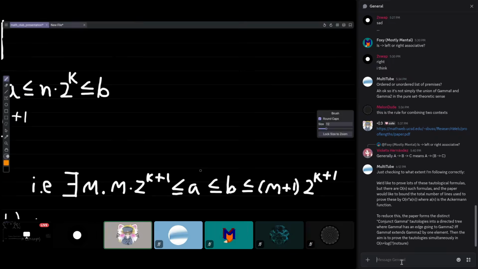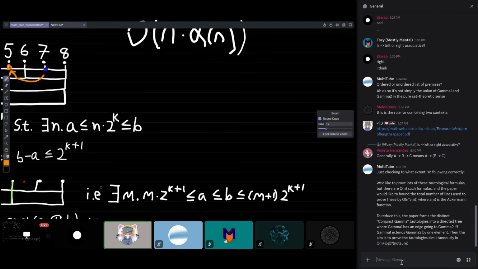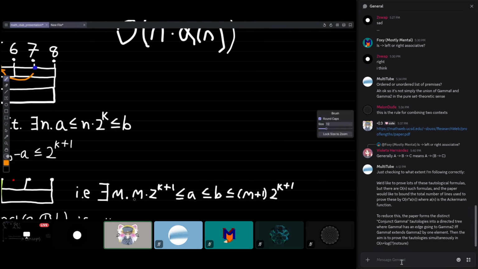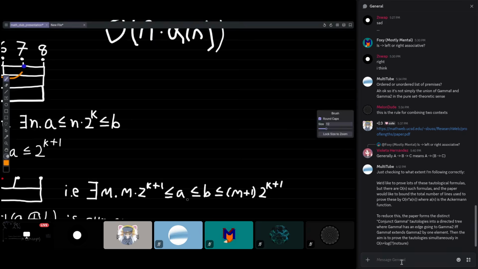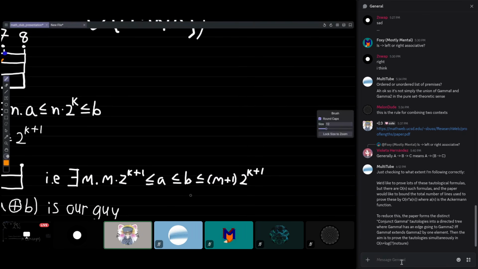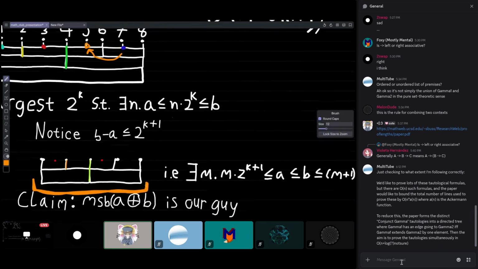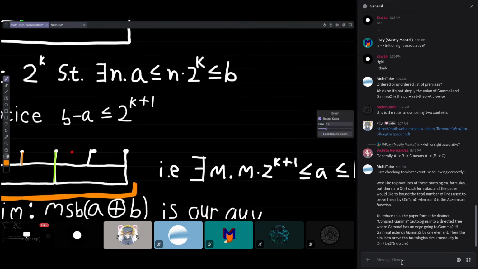So if you just write that out, you end up with this mess, which says there exists an m such that m times 2^(k+1) is less than or equal to a, and a is less than or equal to b, and b is less than or equal to (m+1) times 2^(k+1), which is this guy.